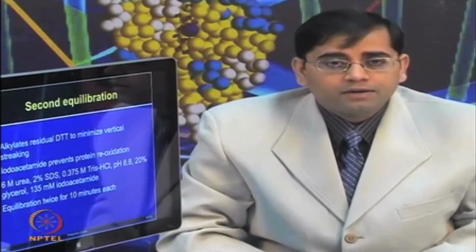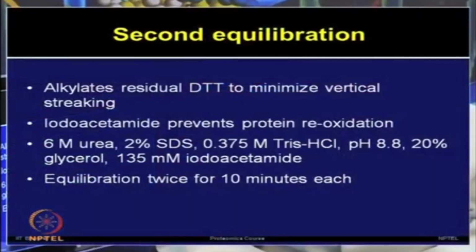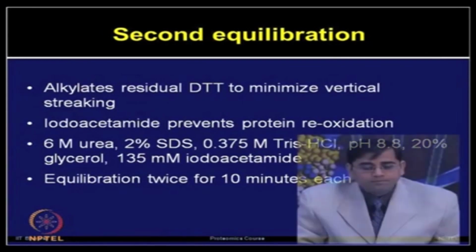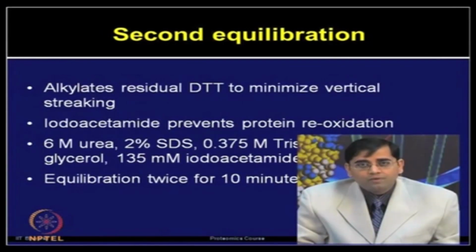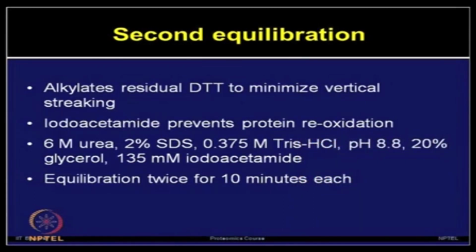Now, this buffer recipe is also exactly similar to the last one, except one change: DTT is replaced with iodoacetamide. So, you can add 135 millimolar of iodoacetamide during the second equilibration step. Now, this is very important because IAA can alkylate the residual DTT and it minimizes the vertical streaking. It also prevents the reoxidation.